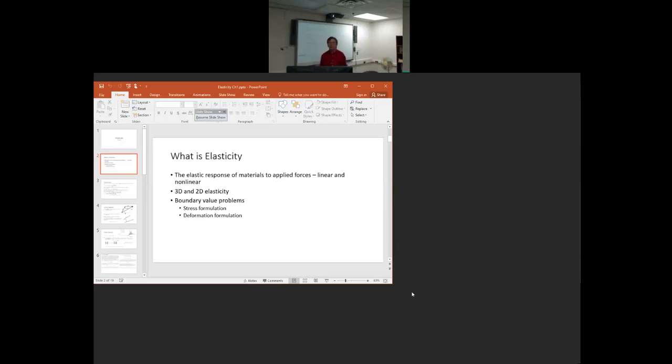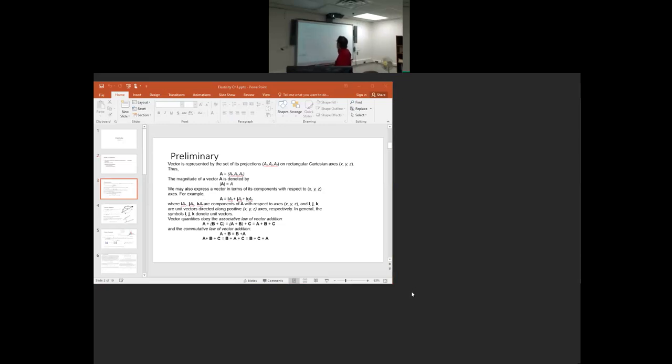Then we will go either from stress or from deformation with particular boundary conditions, either stress boundary conditions or deformation boundary conditions. But before we do that, we need to describe the preliminary information which is in chapter 1 of the textbook that I uploaded for you, and hopefully you have it in PDF. So after the lecture, you can read it and find all the things again over there.